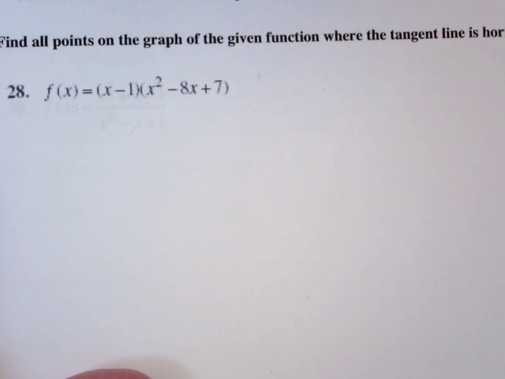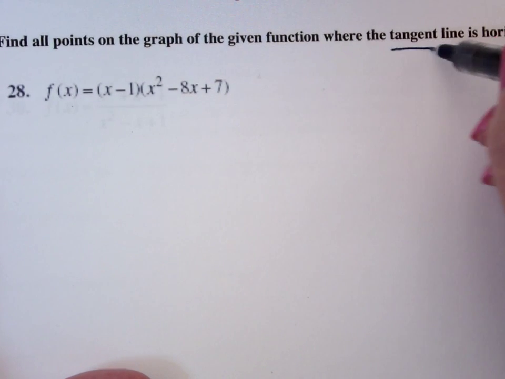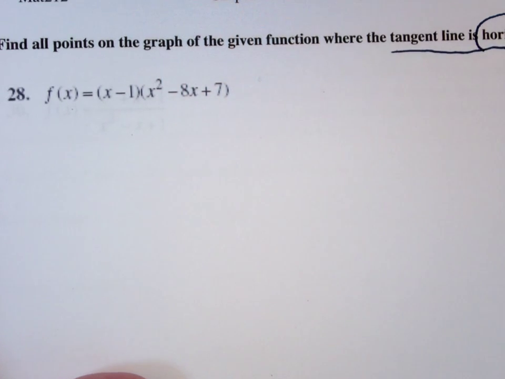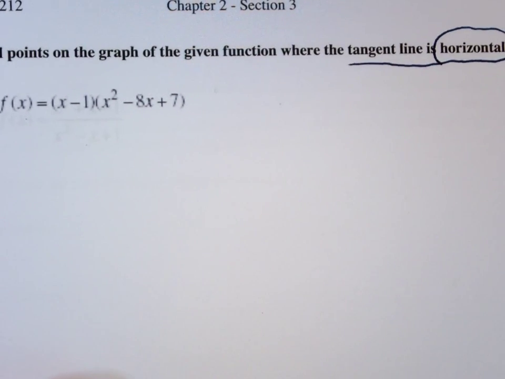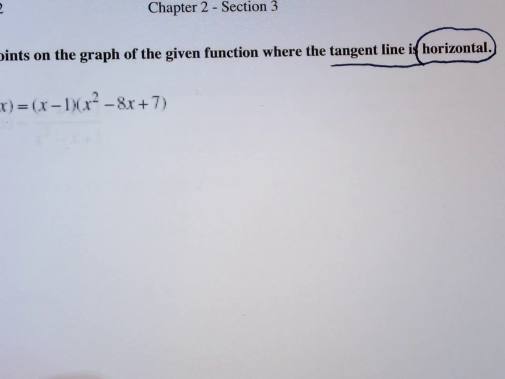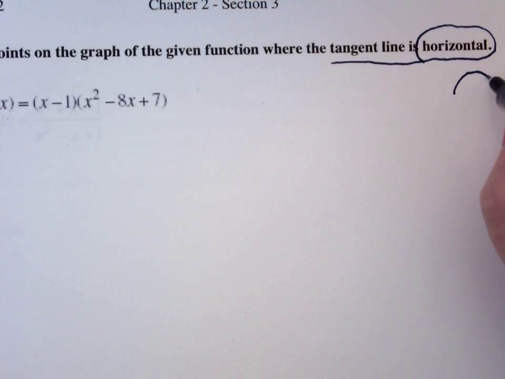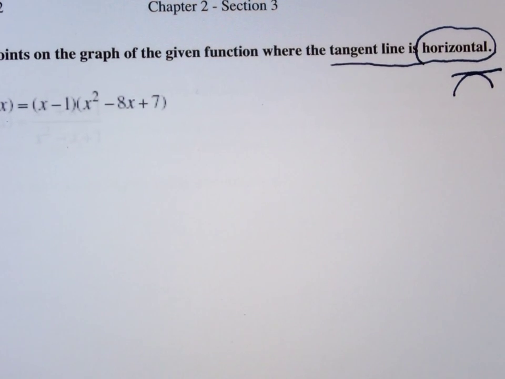It says find all points on the graph where the tangent line is horizontal. This is a big gun for us. Tangent line is horizontal. If I think about a tangent line being horizontal, that's a horizontal line.